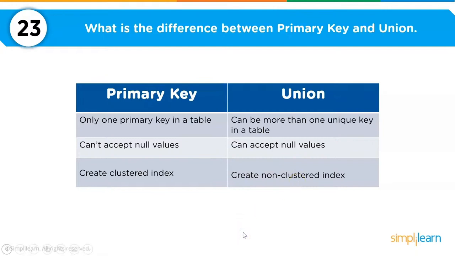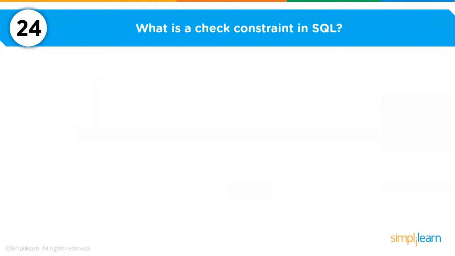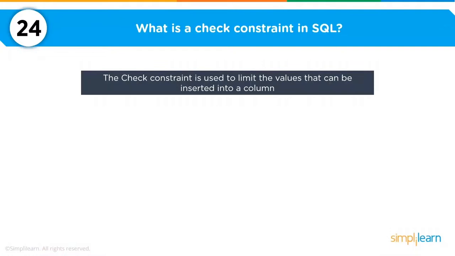Okay, now coming to the 24th question, what is a check constraint in SQL? So check constraints are used while creating tables. Check constraint helps to limit or restrict the values that can be inserted into a column.